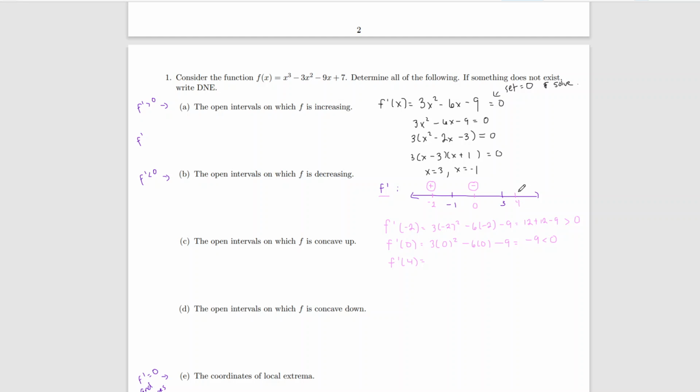And then lastly at 4, we have 3 times 4 squared minus 6 times 4 minus 9. 4 squared is 16 times 3 is 48. Minus 6 times 4 is 24. Minus 9. 48 minus 24 is 24, and 24 minus 9 is positive. So this is greater than 0, and we get a plus.